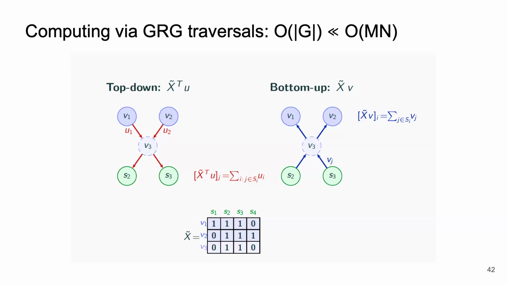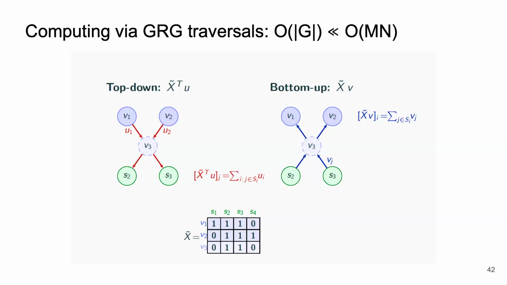Whereas if we have the same calculation done on a graph, all we need is to visit the connections and the edges. That is the size of the graph, and the size of the graph is much smaller than n times m. So any calculation we can do in the graph space will be faster than doing it in the matrix space.